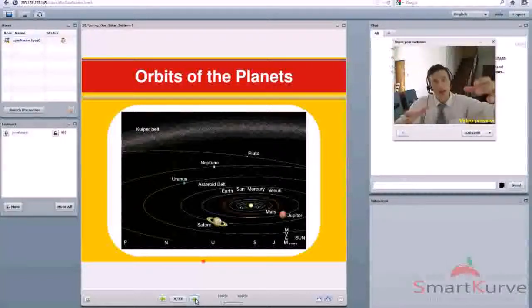Remember that the sun is many, many times larger than any planet in the solar system, even the large planets like Jupiter and Saturn.